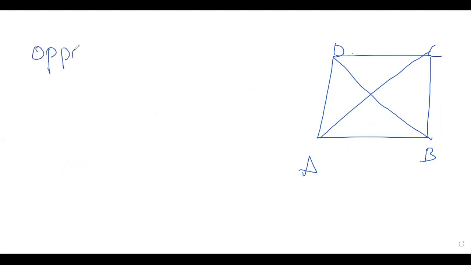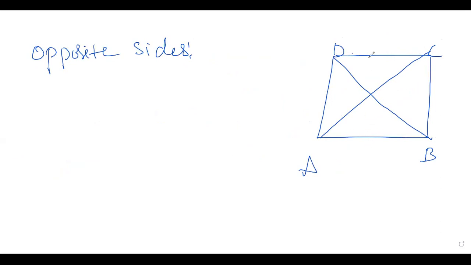Take a quadrilateral ABCD. First one, you know which are opposite sides here, right? Which is opposite to AB? That is CD.